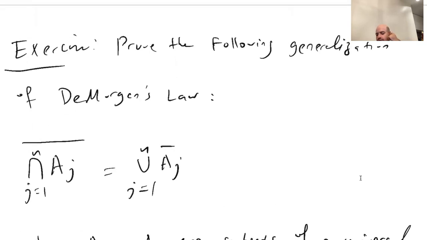So again, you want to prove a statement that depends on n, and n is a positive integer. You want to show that the statement holds for every n bigger than or equal to 2. As we said before, as a remark, the only difference will be that for the basis step, you have to check the statement for n equals 2, and then you assume that it holds for n equals k, and you will prove it for n equals k plus 1.